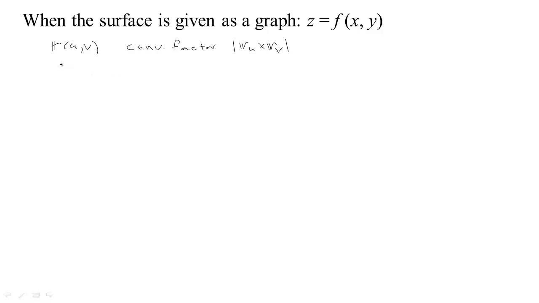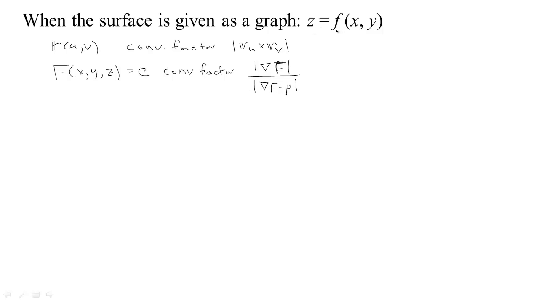And when you have the surface as a level set, so if you have some function of x, y, and z that's set equal to a constant, then you've got one constraint on 3 dimensions, so you're left with some 2-dimensional surface, then the correct conversion factor is going to be the length of the gradient of f divided by the absolute value of the gradient of f dotted with the projection direction. So that's our conversion factor.